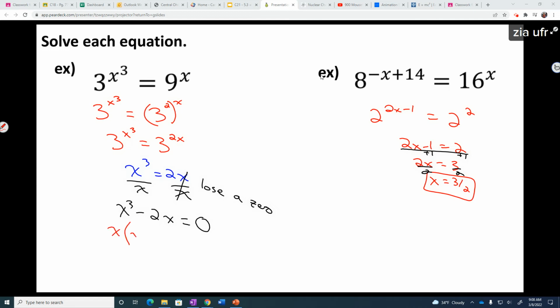And then we're left with x squared minus 2. You've got to use all your algebra 2 skills here. And then we use what's called the zero product property, which says that when you multiply these, if you get 0, you just set each one equal to 0. So we set x equal to 0, and then x squared minus 2 equal to 0.